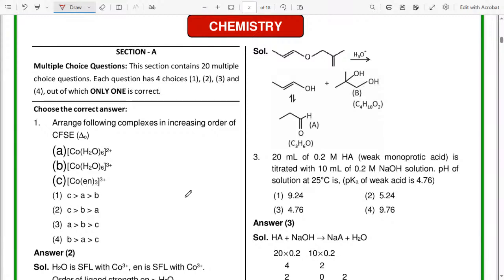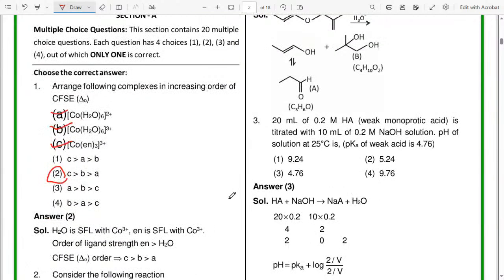Question number 1: arrange the following complexes in increasing order of crystal field stabilization energy. The correct option is 2, that is C is going to have more, followed by B, followed by A. How?